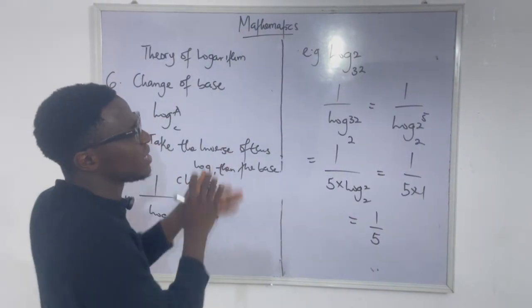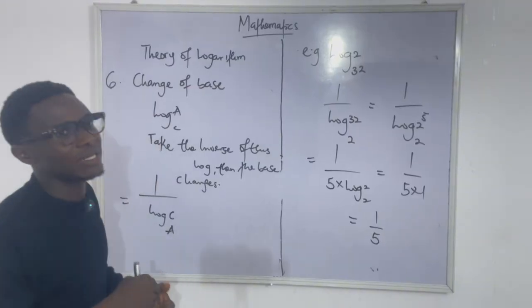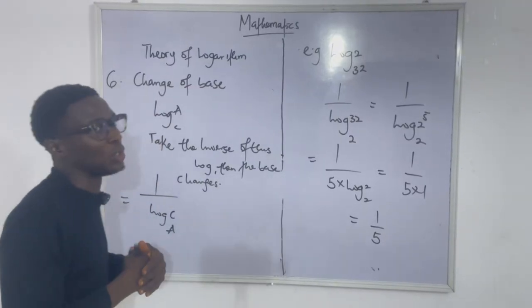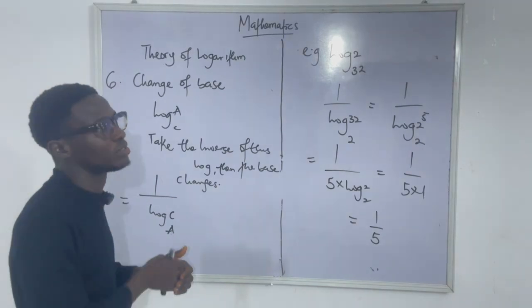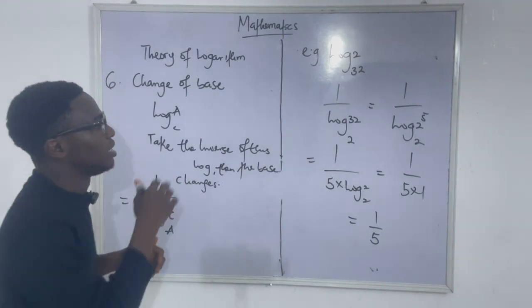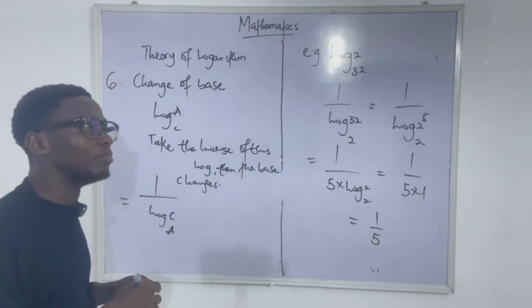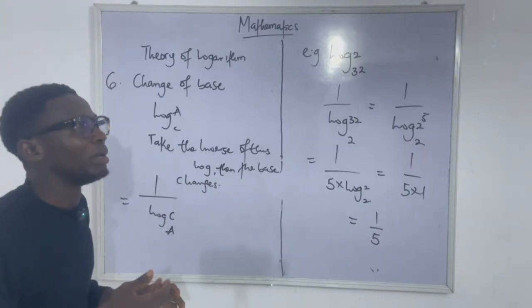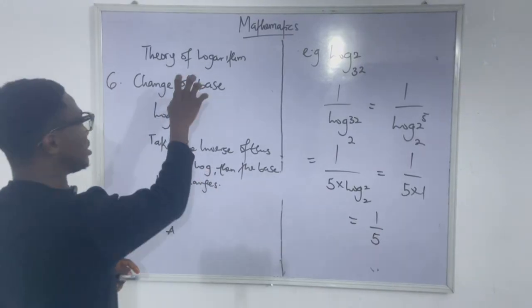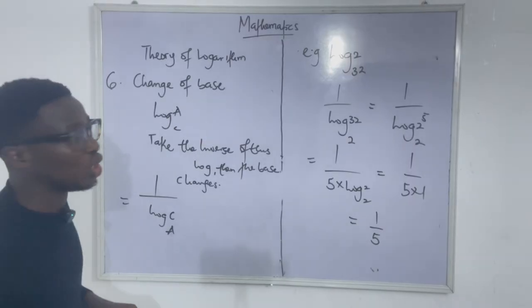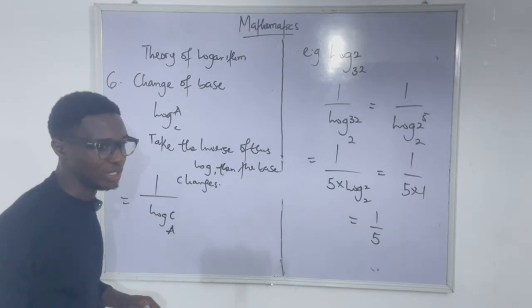Then we can as well say that they are simple equations, although not simple equations, but from simple equations involving logarithm, we can now move to equations leading to maybe simultaneous equation or quadratic equation dealing with the theory of logarithm.